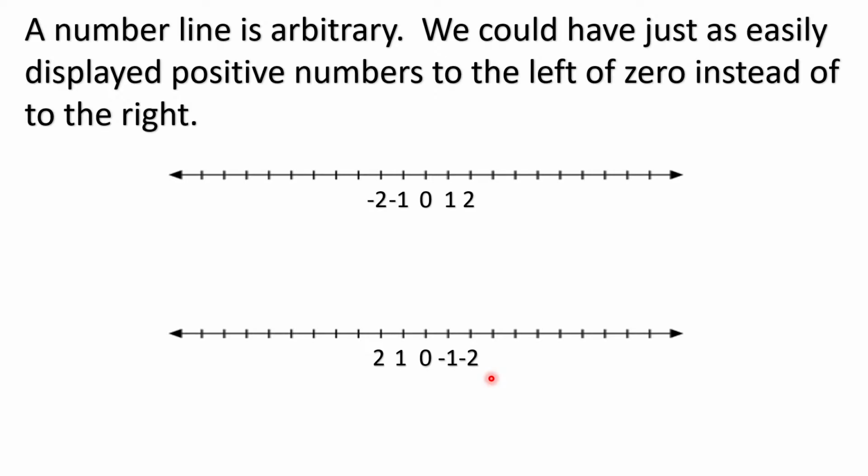And again, this whole idea of arbitrary, a number line is arbitrary, right? If somebody designed a number line, we could have easily all agreed and said, hey, we want the positive numbers all written to the left, like down here, and all the negative numbers to the right. But by convention, we decided, no, we want the negative numbers going to the left, and the positive numbers going to the right.